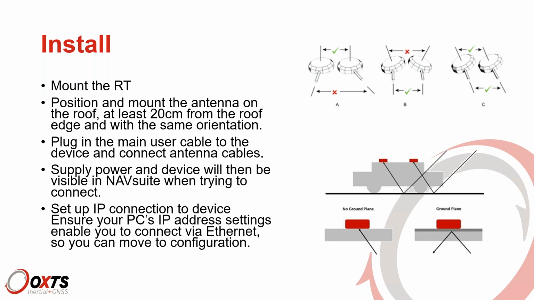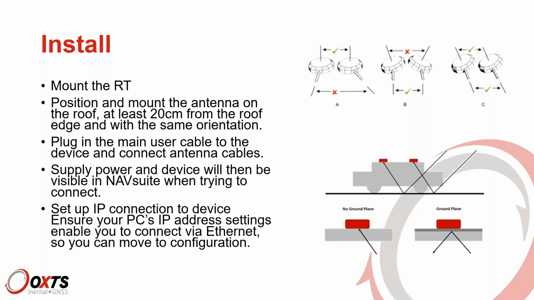But then you move on to the antennas on the roof. So these, if you're using the standard G5 antennas or tungsten antennas, they'll need to be 20 centimeters from the edge of the roof, or any other interference that you might have, and within the same orientation. So if you look at this top diagram, that just means the antenna cable comes out in the same direction, and then they're in the same plane.